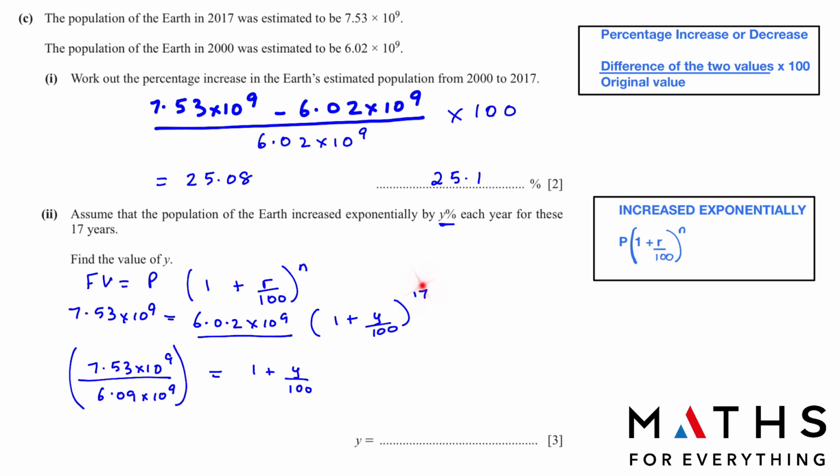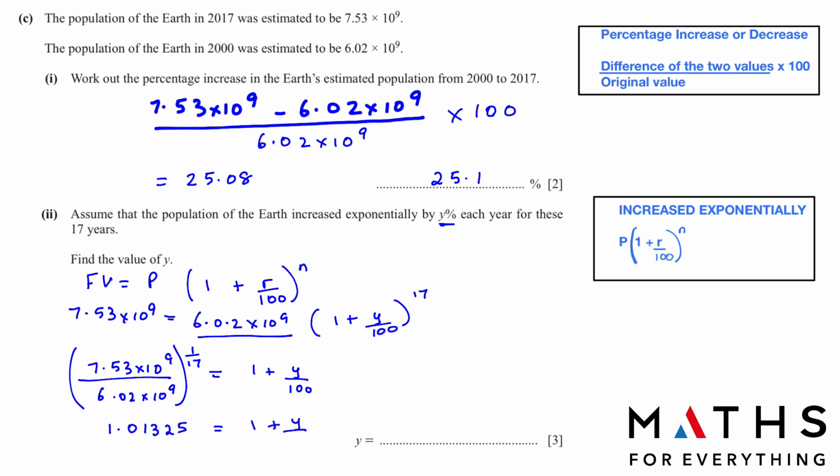Whenever you want to shift the power to the other side of the equal sign, you write the reciprocal of the power. So what is the reciprocal of 17? 1 over 17. Put this in the calculator, let's see what we get. I just made a mistake here, it's not 6.09, it's 6.02. Anyways, this will give us 1.01325. I'm writing it a little bit more.